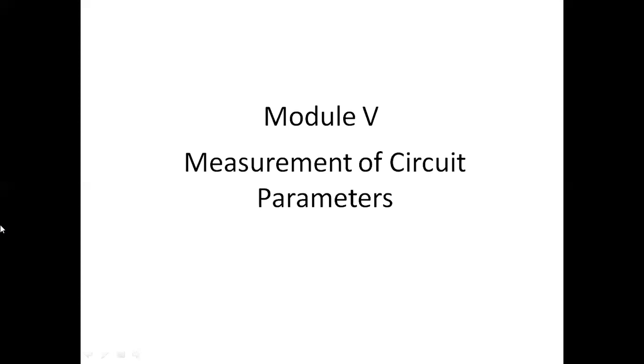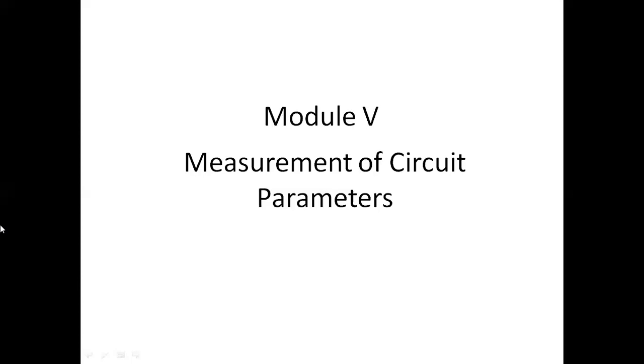Whatever the circuit, it may be your light circuit, fan circuit, or whatever the electrical equipment is, there are mainly three basic parameters. That is, resistor, inductor, and capacitor, whose properties are known as resistance, inductance, and capacitance.